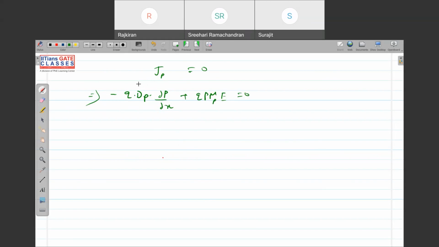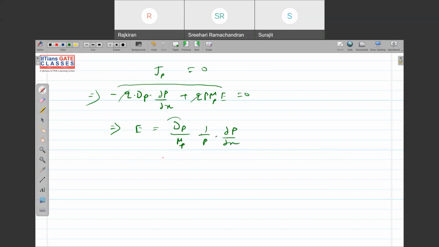So there you can see this transport equation we have derived very clearly for holes and electrons. Diffusion and drift, these two things we have derived from the basic equation. So now if I want to write the electric field, simply electric field equals, Q gets cancelled, dP by mu P into 1 by P into d by dx.